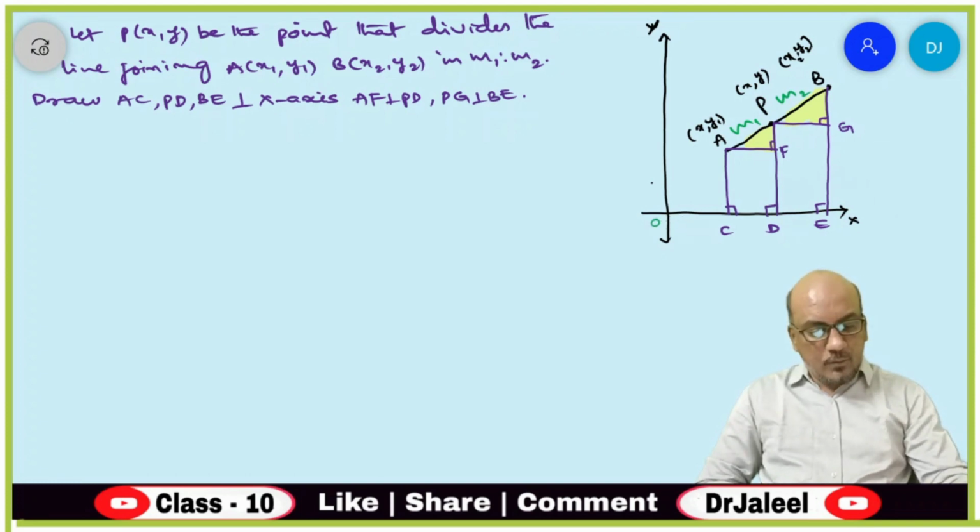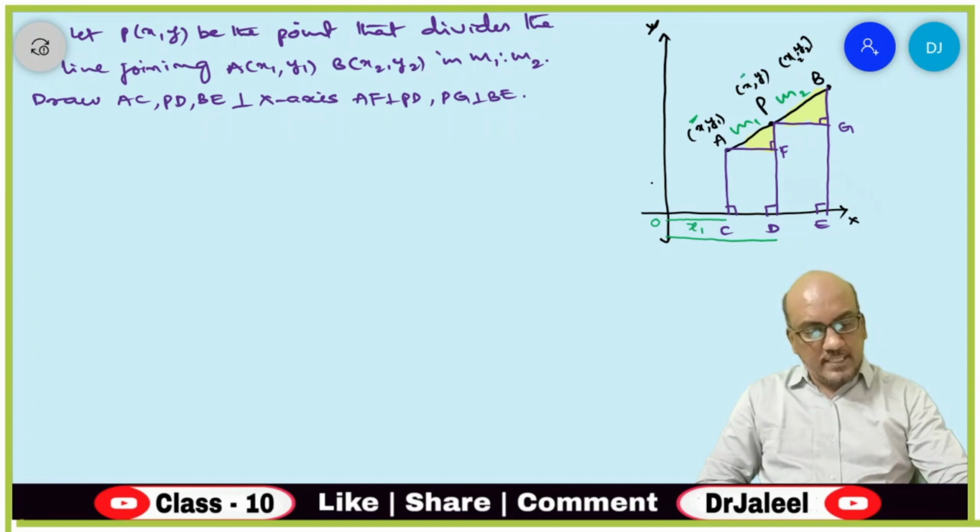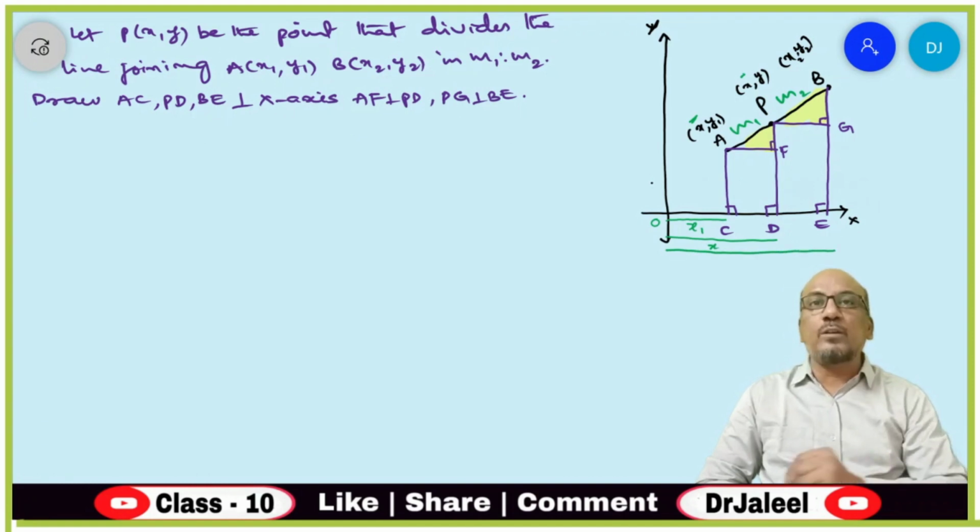Children, what is this distance OC? To know this distance, you have to see the first coordinate, that is x1. So this distance is x1. What is this distance, children? O to D, OD. Again, you see the first coordinate. What is that? x. So this is x. What is this distance, O to E? Again, you see the first coordinate. That is x2.